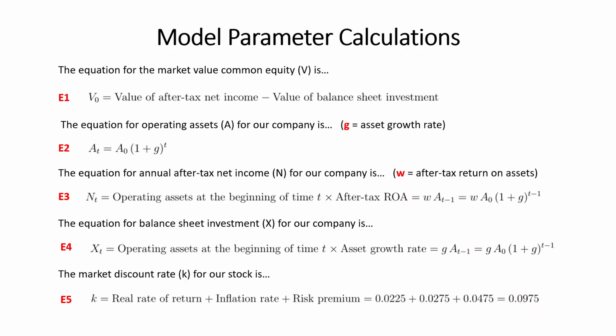So I'm going to add 4.75% to my 2K. So if I add up all those three, then my market discount rate, this is what the market expects me to earn on this stock annually. Now that return is going to be both dividends, capital gains, and all that kind of stuff. But at the end of the day, I need to make 9.75% in order for me to invest in a common stock.